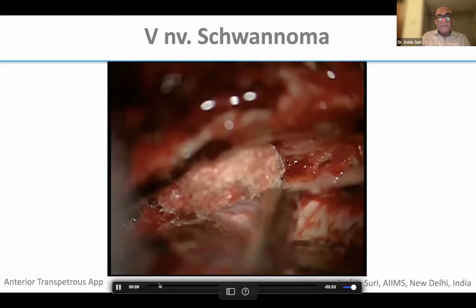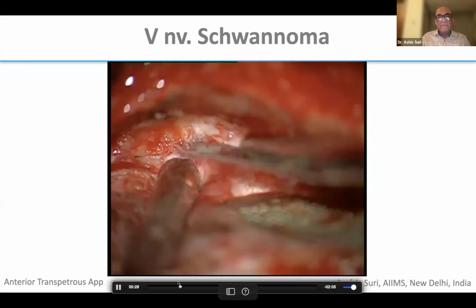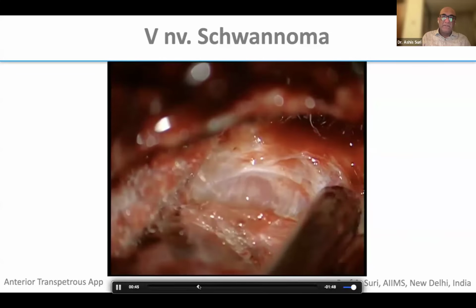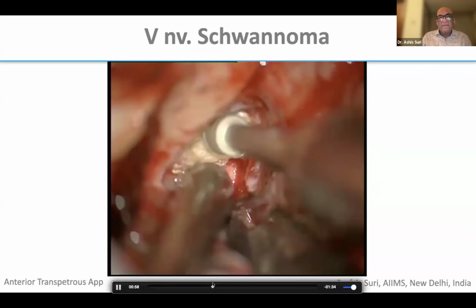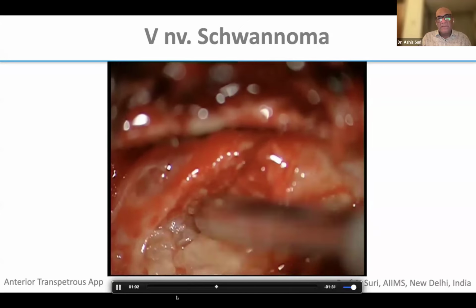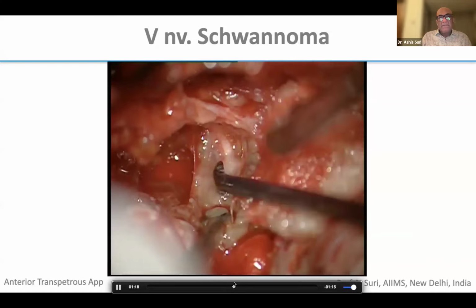So we peel the two layers of the cavernous sinus, and the tumor is there because it's intradural between the meningeal and the membranous layer. We decompress, and then once we decompress, we start finding the bone behind it, and we drill that bone and decompress.